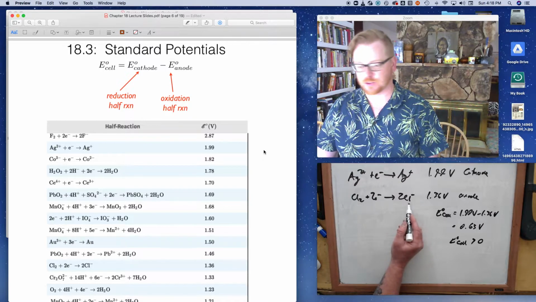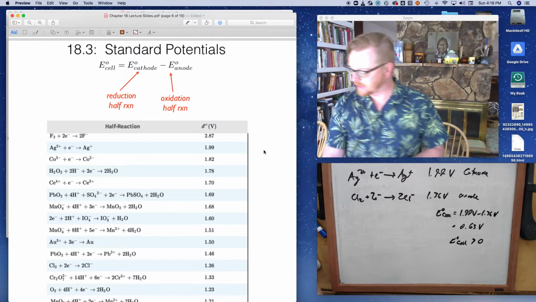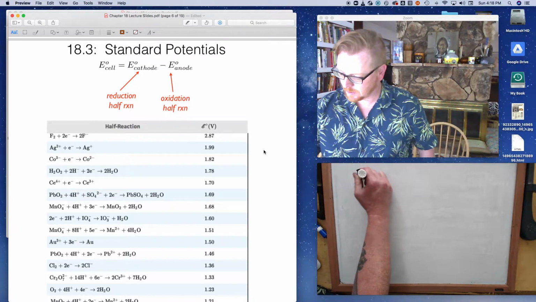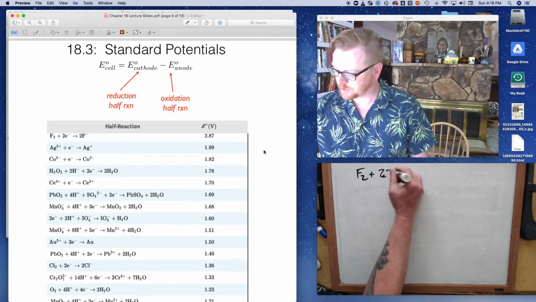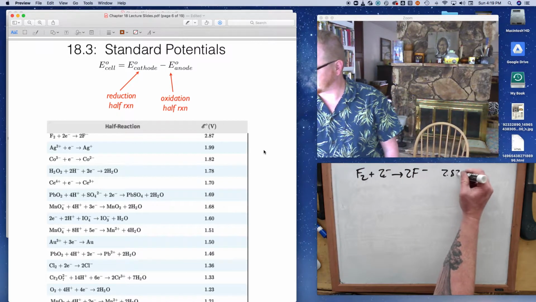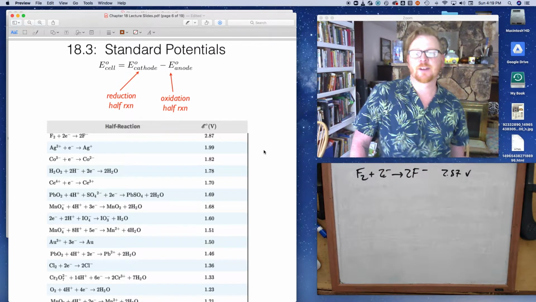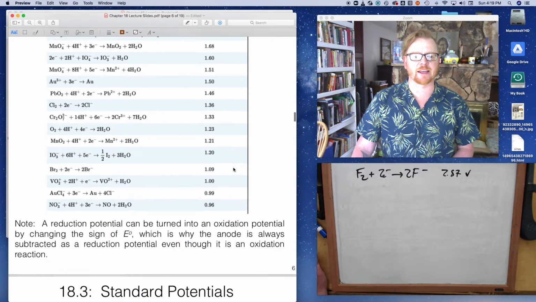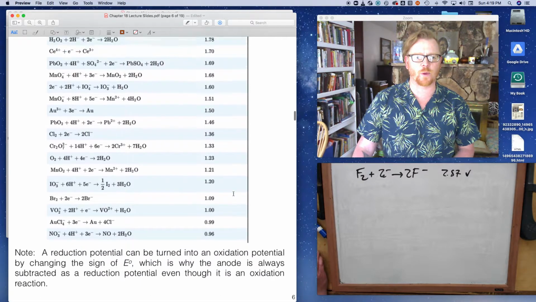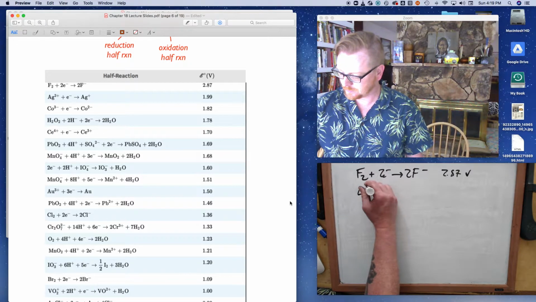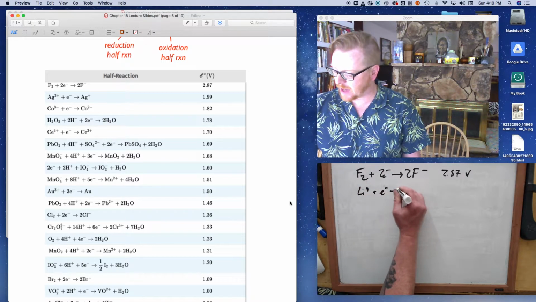All of these reactions are written as reductions, and let's specifically talk about fluorine, F2, plus 2 electrons to make 2 fluorides at 2.87 volts. You notice that's at the very top of the list. And my list is not complete, it keeps going down into the negative voltages. Lithium is at the bottom of the list.